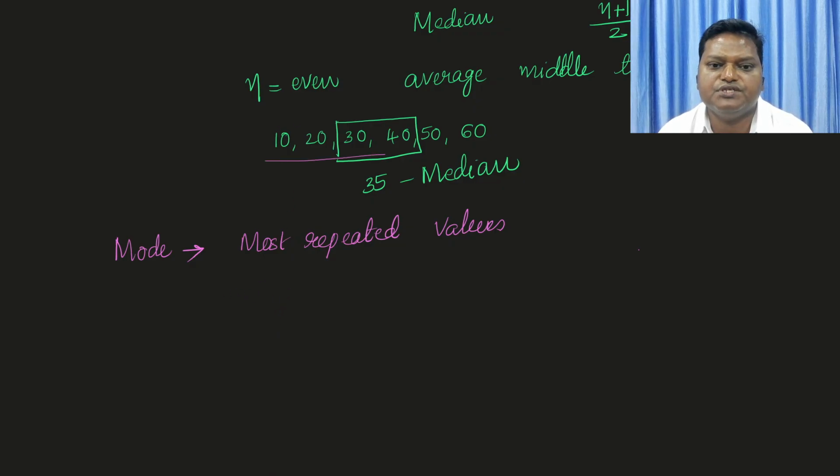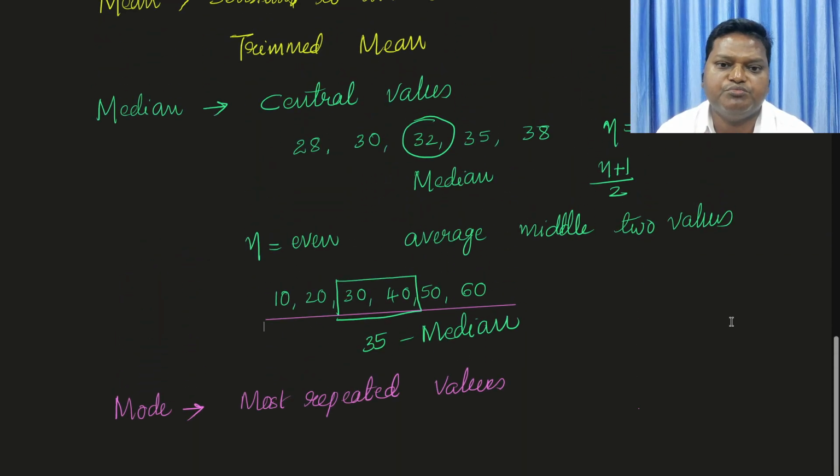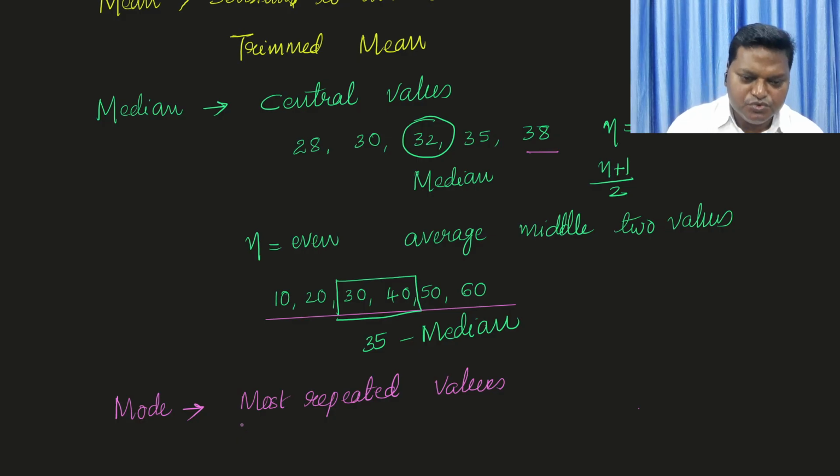In this given set, there is no mode because no number is repeated. Even in the top set, there is no mode because there is no repeated value. So there is no mode. But you can have one repeated value, then you can take that as the mode value.